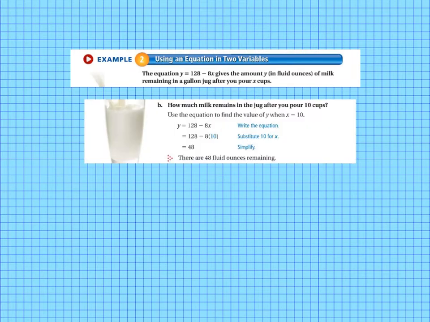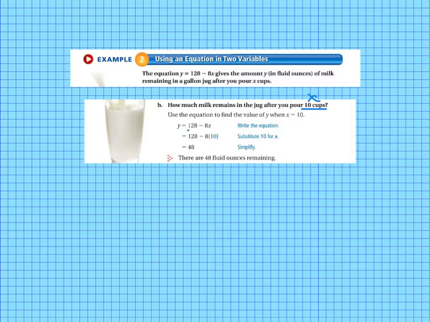Moving on with this same equation, but it's part B. It says how much milk remains in the jug after you pour 10 cups. So remember that 10 is our x variable, and because that's the independent variable, the other variable, which we don't know what it is, that's what we're finding out, is going to be y.